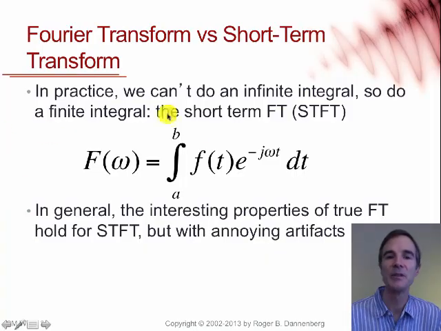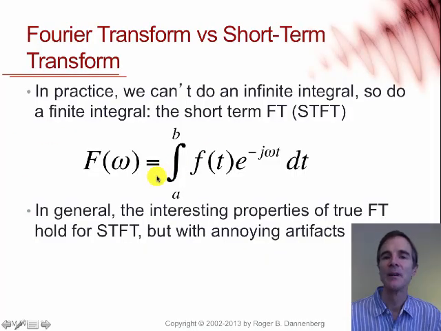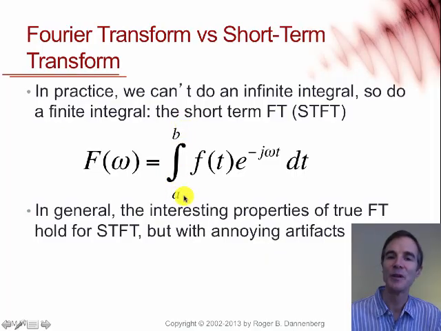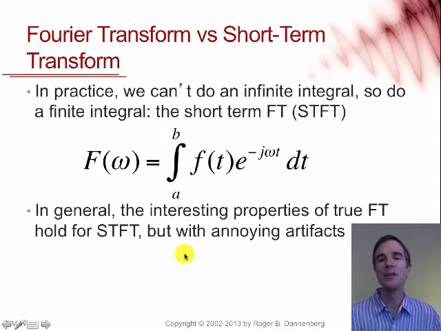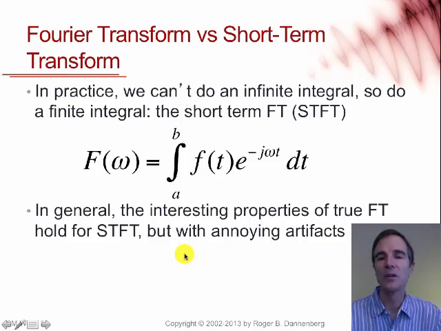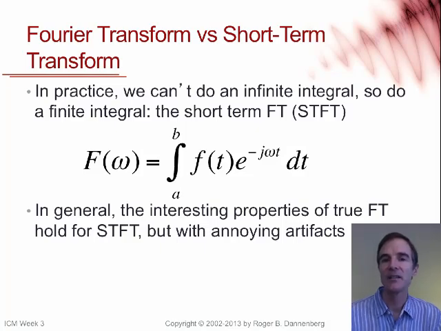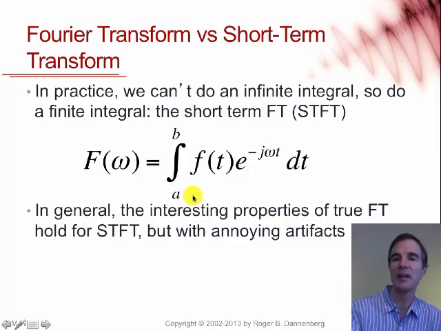So we do the same Fourier transform equation, except rather than going minus infinity to plus infinity, we go from A to B over some specific time interval. So when you do that, you end up with almost all of the interesting properties of the true Fourier transform, but there are some annoying artifacts having to do with these hard boundaries, and we'll talk more about that later.